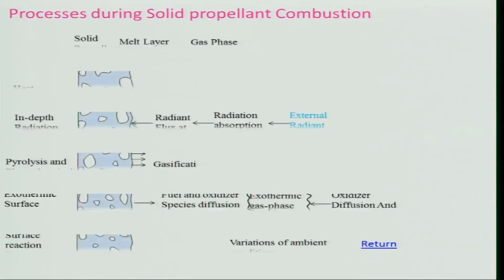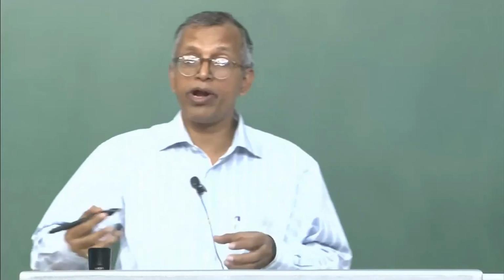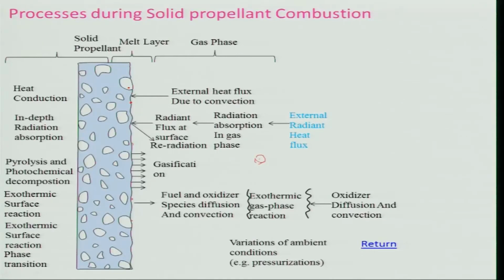If I am igniting somewhere here, some gases will go here, and then it will ignite locally. Some hot particulate will go and impinge on the propellant. That is one, local ignition will take place.